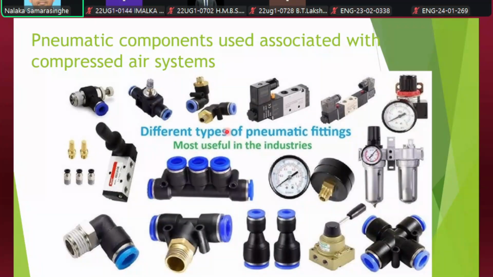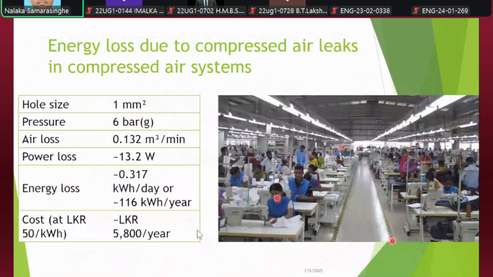At any given time, due to certain defects of these various pneumatic devices or components, or improper fixing of the tubing to these connectors, there can be air leakages.